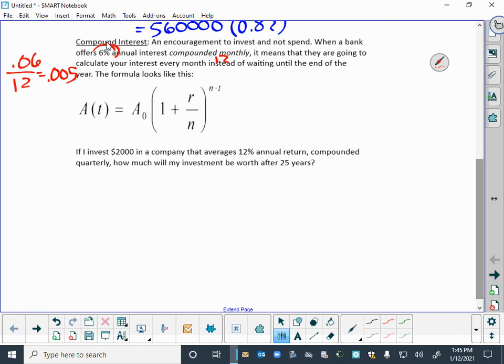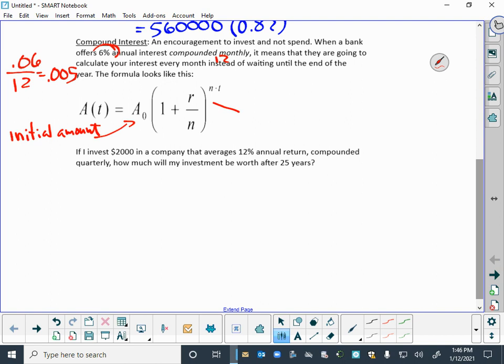Things that we need to know about this formula. This A sub 0 is the initial amount. Right, because initial implies at time 0, and if we put a 0 in for the time variable up here, this is all this stuff to the 0 power, which we know is equal to 1, and 1 times A0 would be A0.